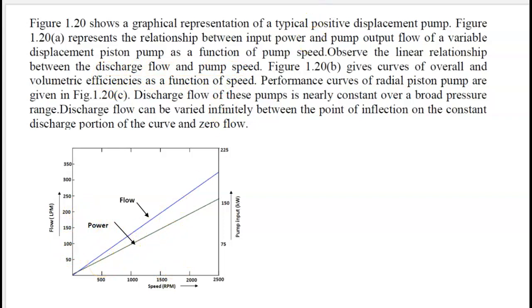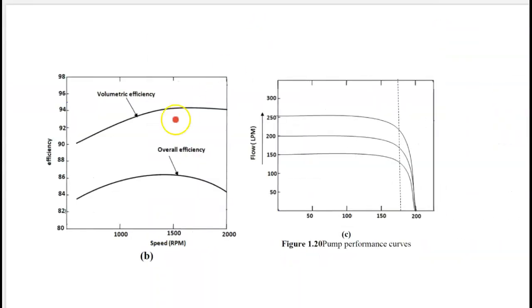Now, if we have a look at the second figure, this figure gives you a relation between the speed on the x-axis and the efficiency on the y-axis. We can find out the maximum efficiency, where the maximum efficiency is kind of here, and here. So we can actually see the maximum efficiency for a pump.